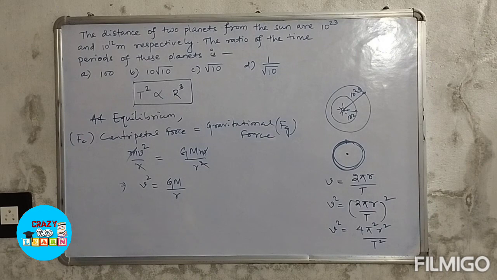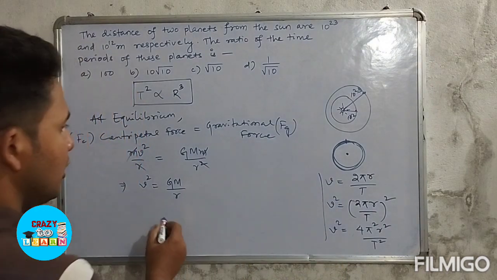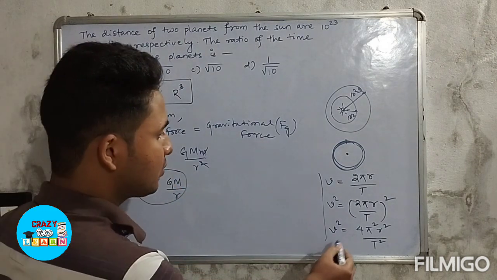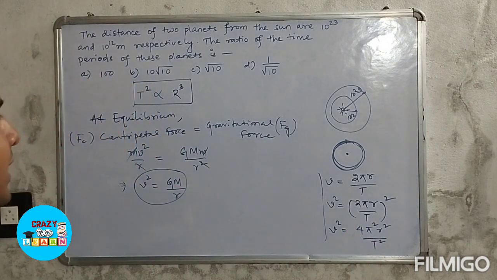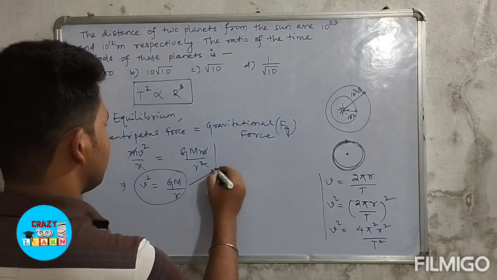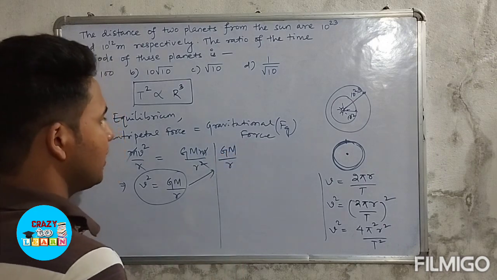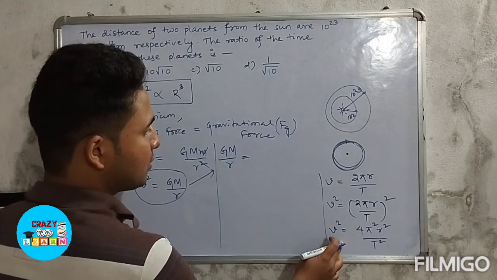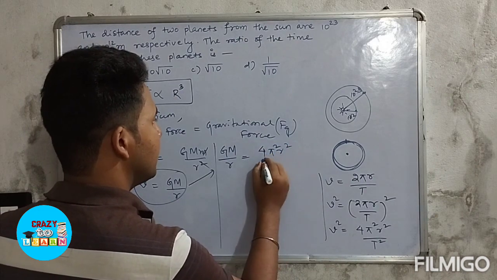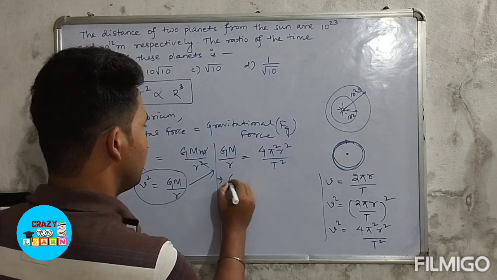Here we are getting v square is equal to capital G M by r, and here v square is equal to 4 pi square r square by T square. Just equate these two things and cross multiply. What will you get?